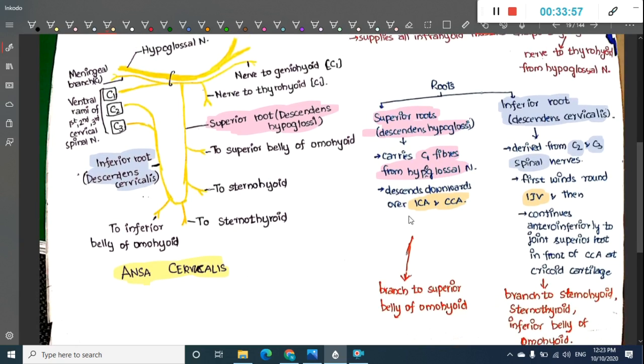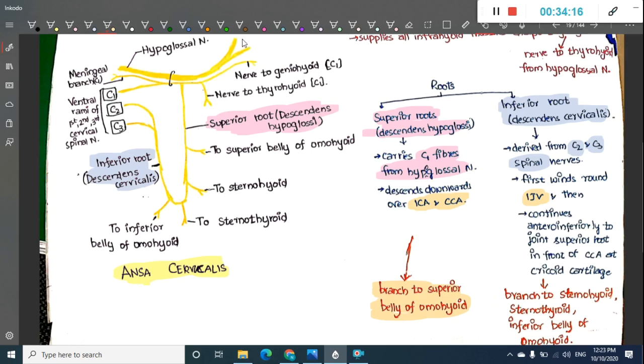Then the superior root gives rise to branches to the superior belly of omohyoid, whereas the inferior root will give rise to the others, like the inferior belly of omohyoid, sternohyoid and sternothyroid.